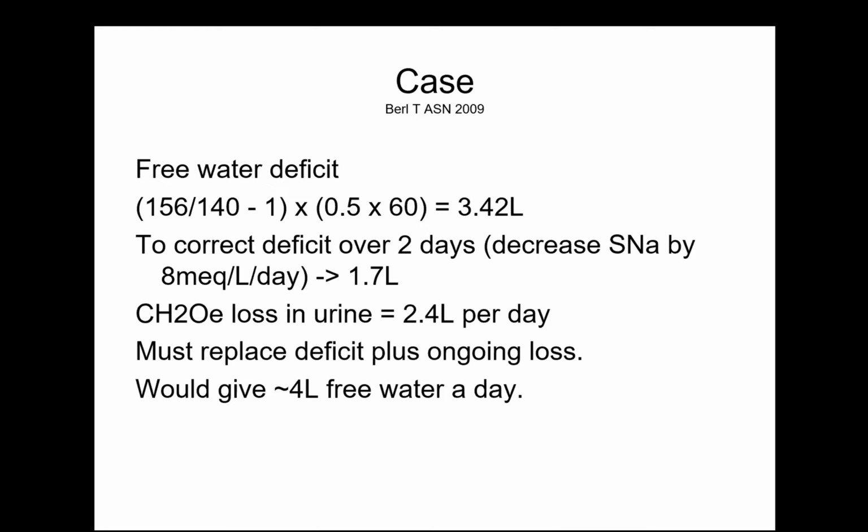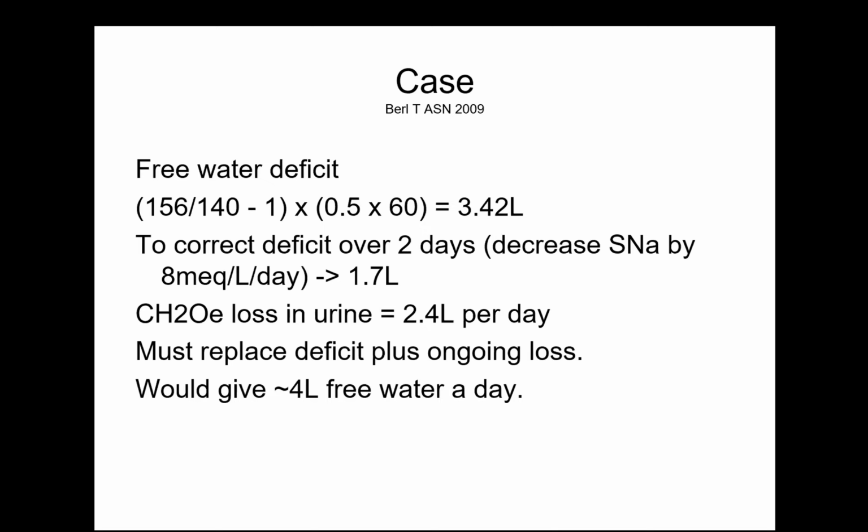So if it's 4 liters of free water a day, that's going to be at least 170 cc's of D5W per hour. And if the patient's diabetic, that may be a problem if the glucose control isn't tight enough.